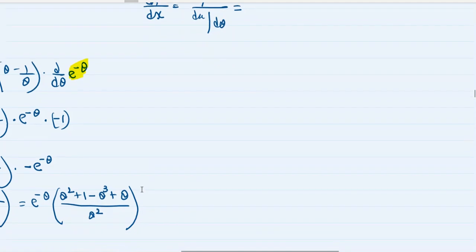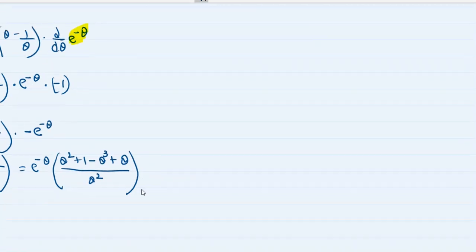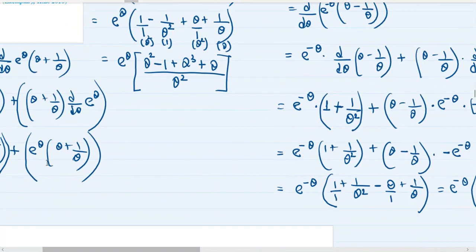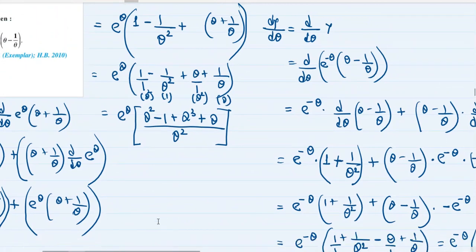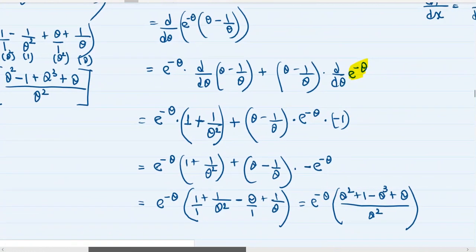So dy by d theta over here is e raised to minus theta, the whole upon theta square plus 1 minus theta cube plus theta, the whole upon theta square, divided by dx by d theta, which is e raised to theta, and I think the numerator is the same, theta square.